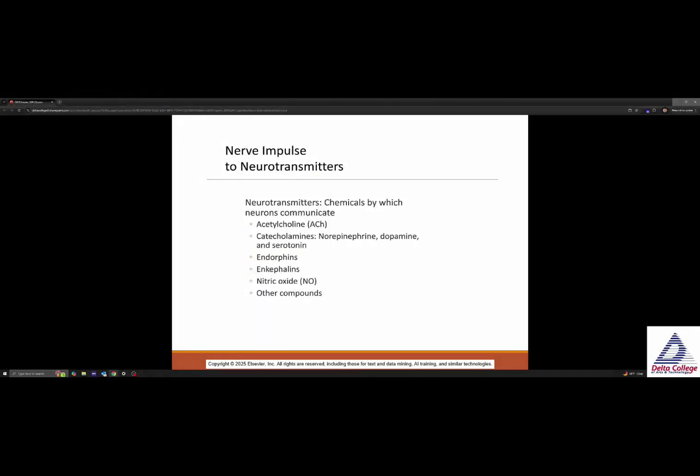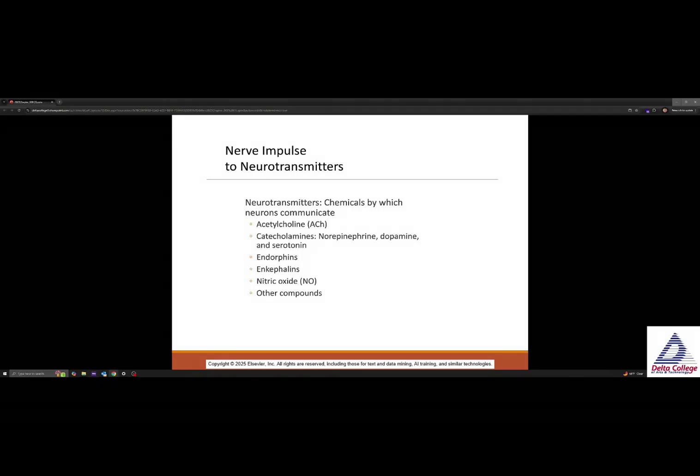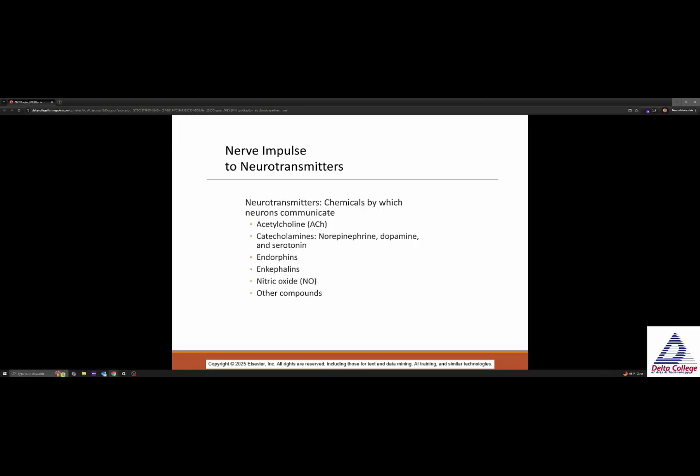Now let's discuss these neurotransmitters a little bit more. So neurotransmitters are these little helper chemicals. They are chemicals by which neurons communicate. We have acetylcholine, ACH, which we've talked about before. Then we have our catecholamines.